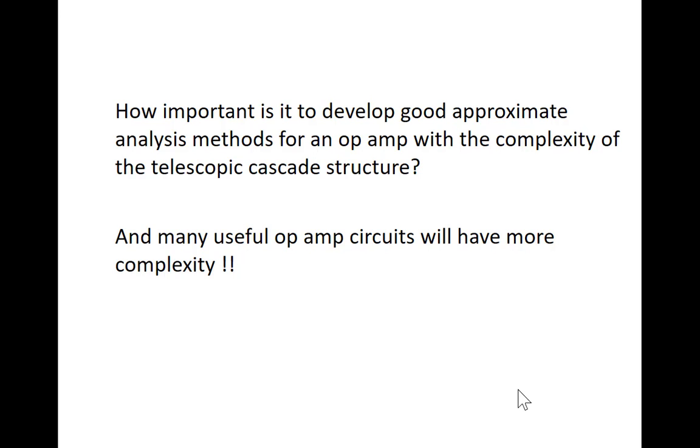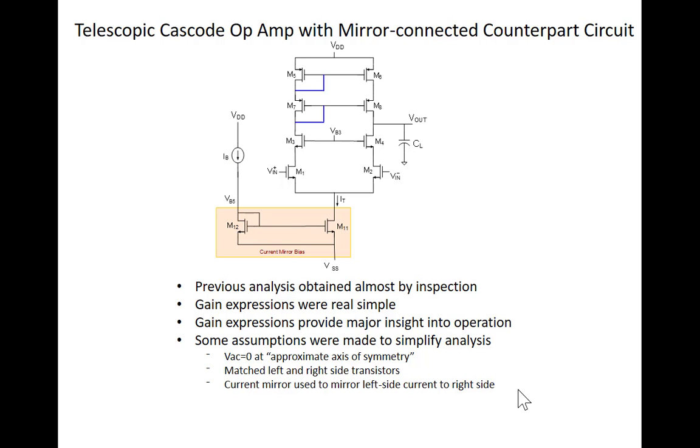And of course, we're going to have some circuits that are somewhat more complicated than this telescopic cascode amplifier. So the question comes up on how important it is to have simple expressions for those and simple analysis procedures as well. So I'd like to go back to this circuit a little bit again. And this is a little bit more complicated than what you did in homework assignment 1, where you analyzed the 5-transistor circuit.